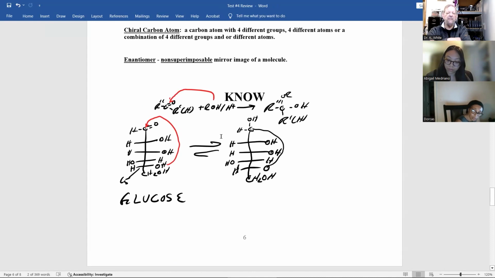Now, a very important reaction dealing with carbohydrates, and first with glucose, and you do not have to know the structure of glucose, but you have to understand this reaction.